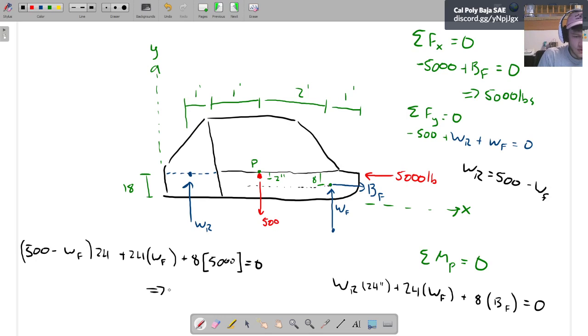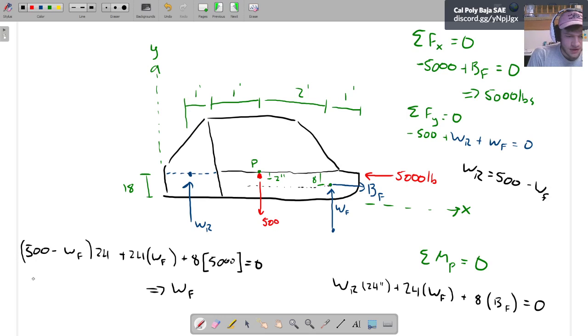And does someone with a calculator out have that solved already? If not, I'm going to plug it in. Interesting. So we've run into a conundrum here. Because I chose to solve for WR here, right?